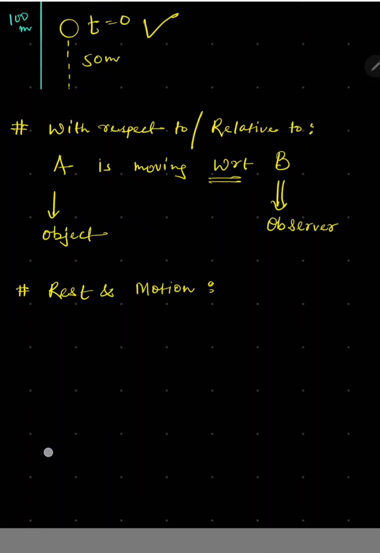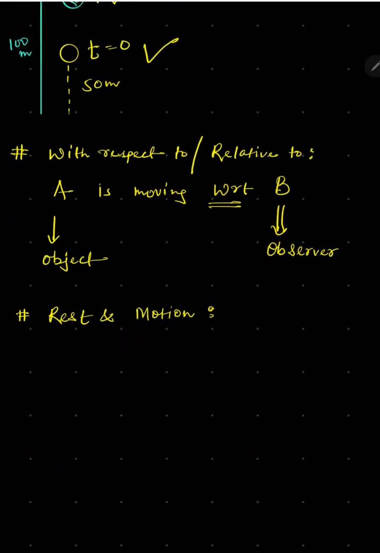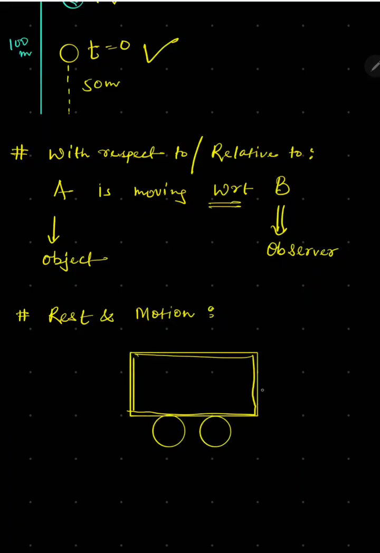For example, let's take an example. Here we have a car like this, and this car is moving with a certain speed of 100 meter per second, and we have two persons sitting inside it and one person on the road.